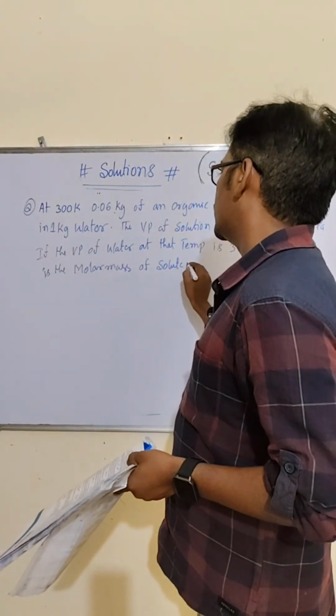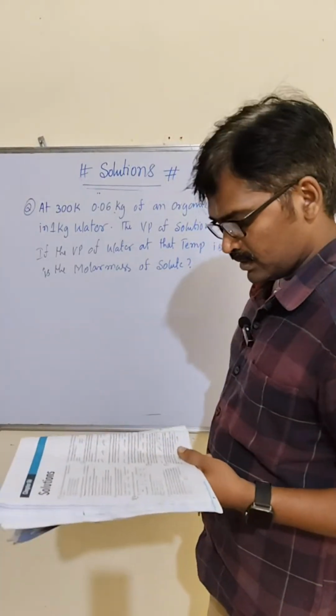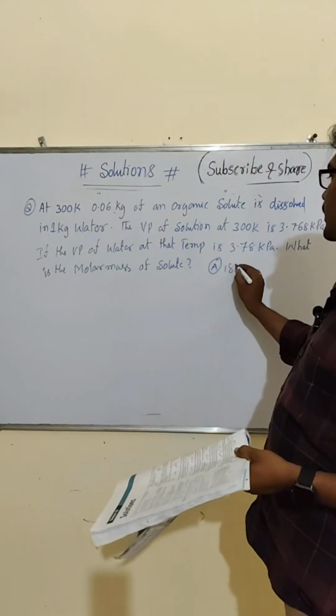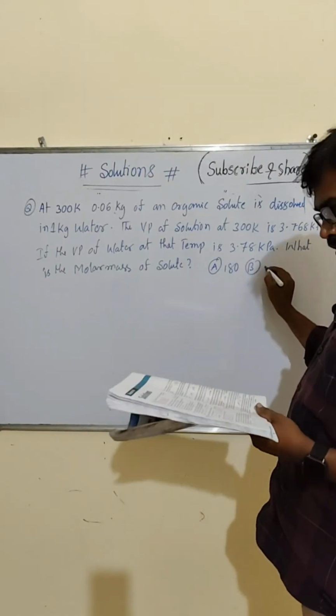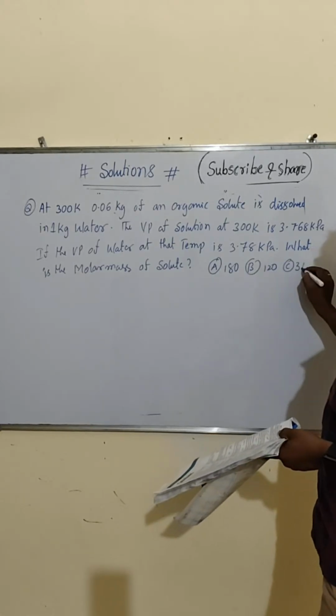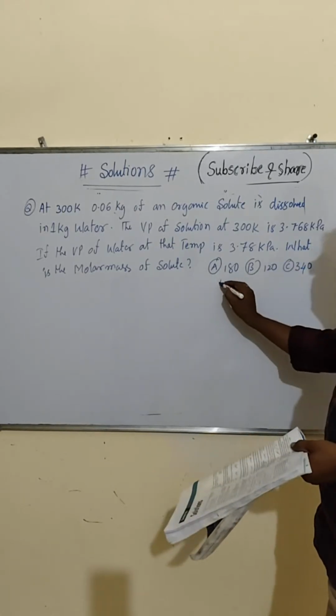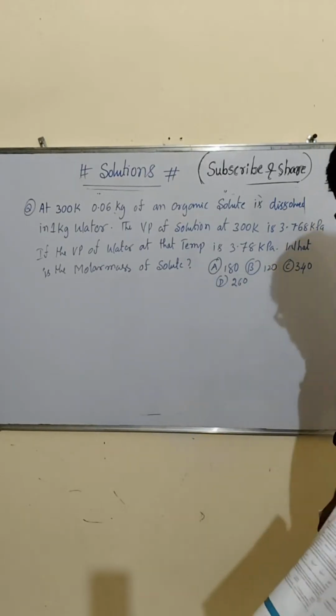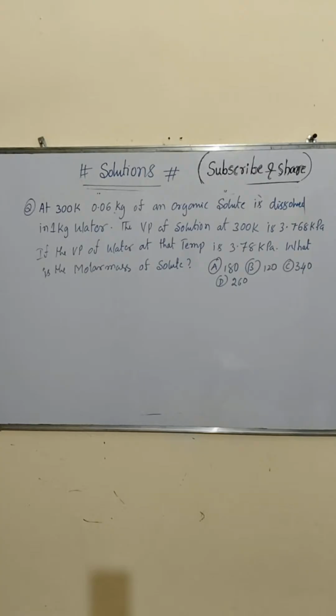So this is the question. Then options are given: option A 180, option B 120, option C 340, then option D is 260. This is the question based on the relative lowering of vapor pressure.